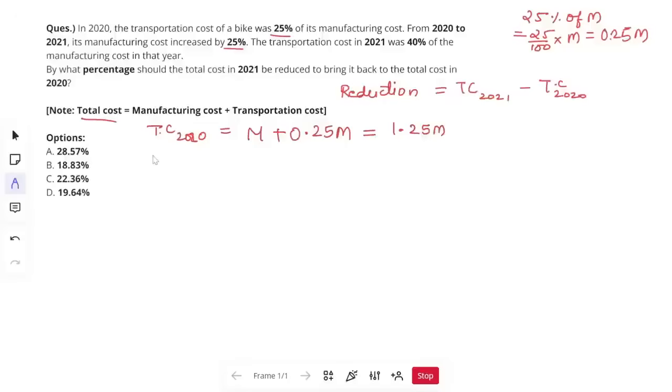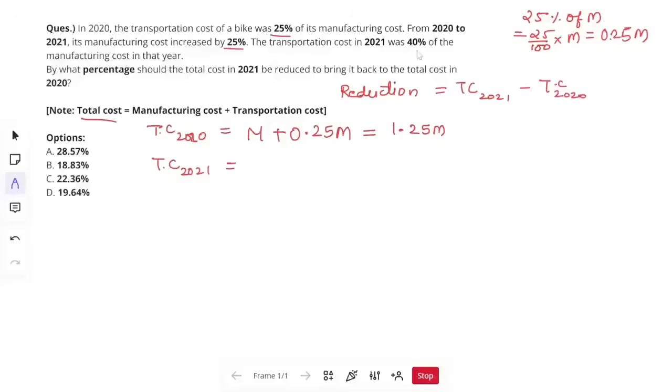Now let us calculate the total cost in 2021. In order to calculate the total cost, what do we know? We need to have the manufacturing cost and the transportation cost. So the total cost in 2021 will be equal to what? The manufacturing cost in 2021. From 2020 to 2021, its manufacturing cost increased by 25%. That is what is told to us, right? And then the transportation cost was 40% of the manufacturing cost in that year.